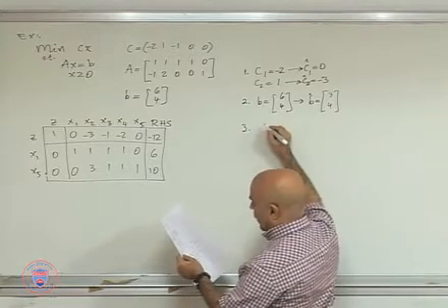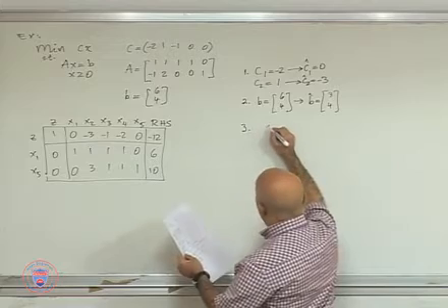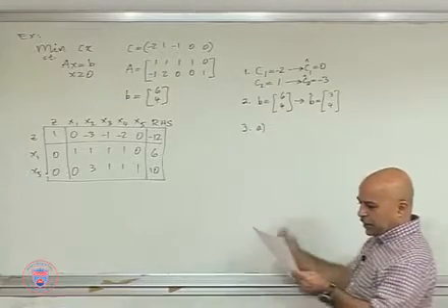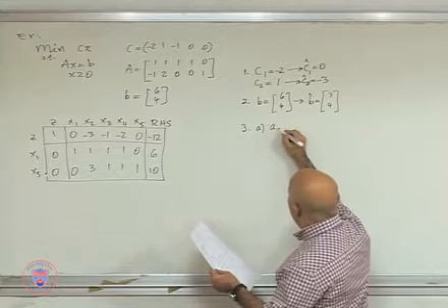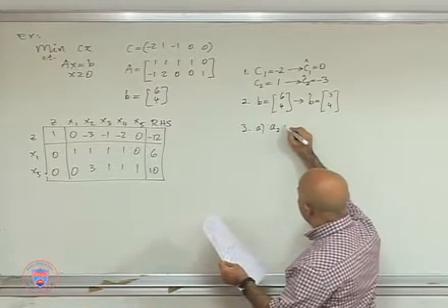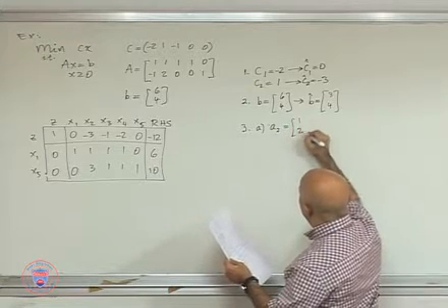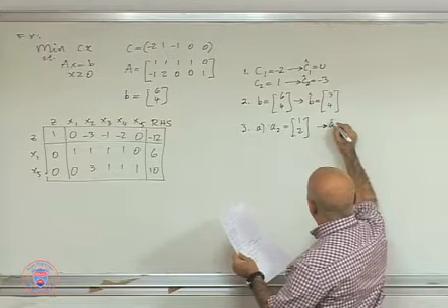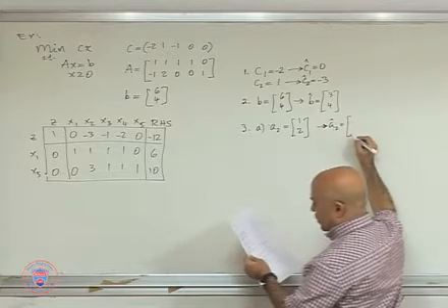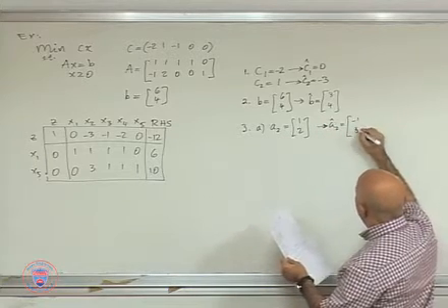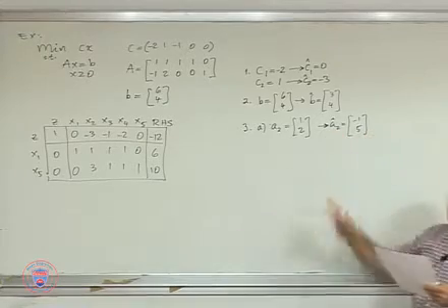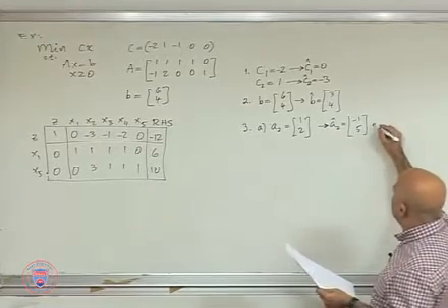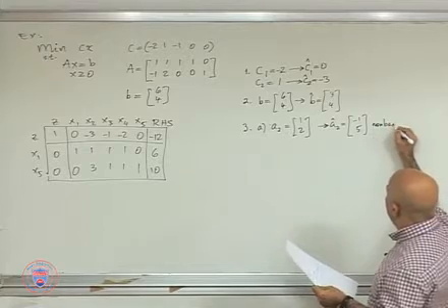Number 3, A2, let me just separate this case as A, B, C. In part A, A2, which is 1, 2, is going to be changed into A2 cap, which is -1, 5. Now, that's a non-basic column in the optimum solution, so this is the easy case.